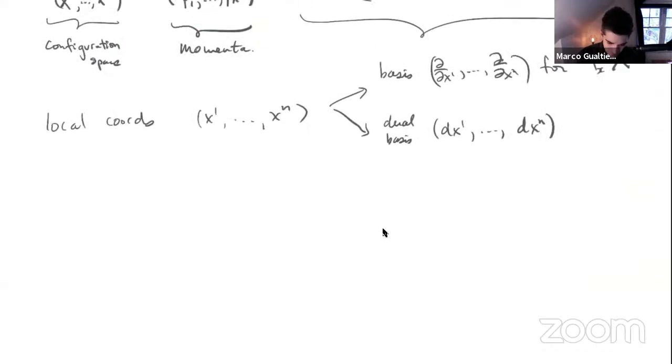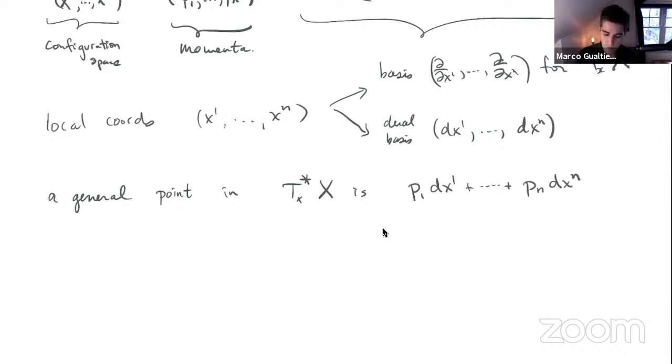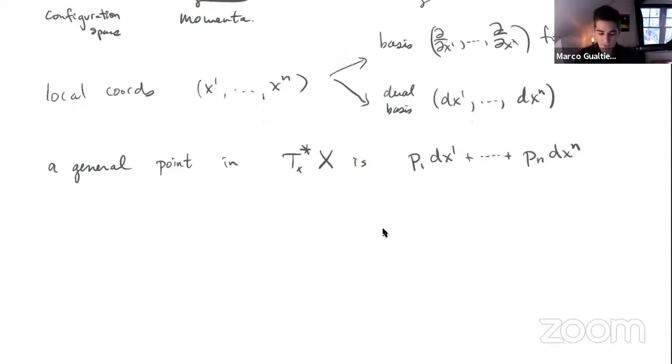And so a general point in T star X is a combination of the bases. So you could take an arbitrary linear combination of the basis elements, and we get an arbitrary element in the dual space of the tangent space at X. And these things, these are the coordinates on the space of covectors.